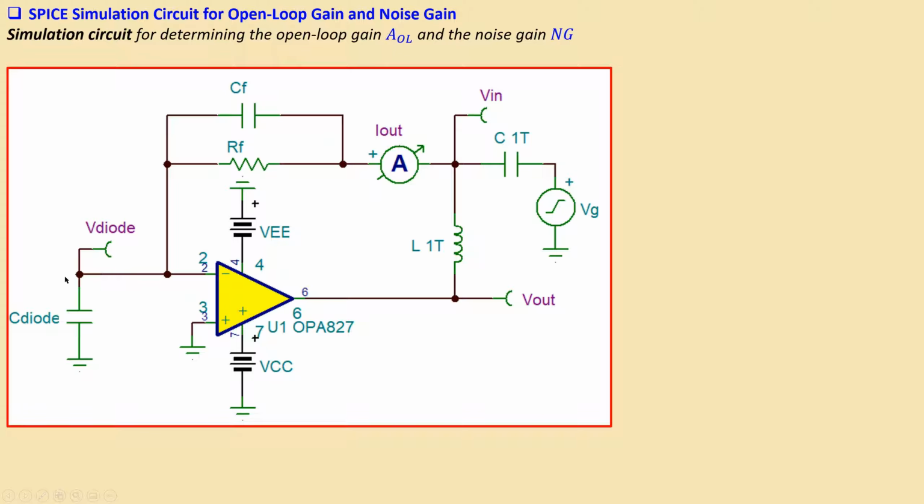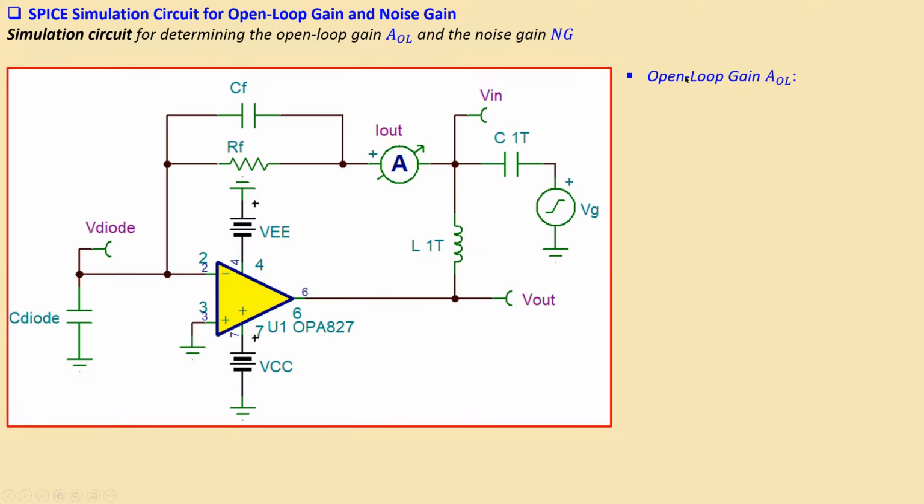You have your diode here, which is only the junction capacitor, which is sufficient for the analysis in noise. And what you have is the generated voltage source here, the capacitor, the inductor and the current here. This current will measure the current flowing through this parallel combination. The input voltage will also be measured, and the output current and the output voltage. So how is it defined?